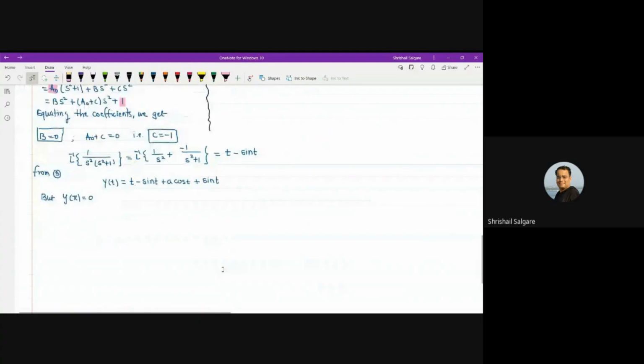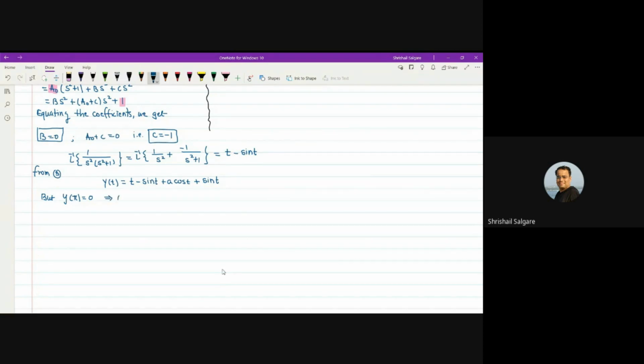So if you apply this condition, you have to put t is equal to pi in the above equation, then y of pi is equal to 0, pi minus sine pi plus a cos pi. This term gets cancelled, not necessary to write this one and this one. So that's why, if you're writing, then it's okay, plus sine pi.